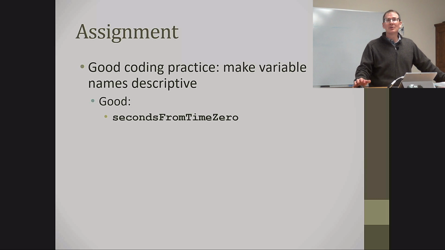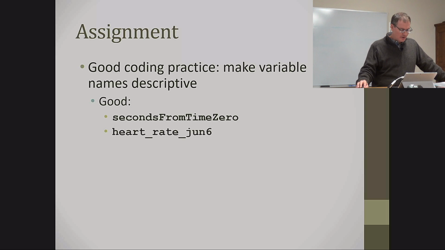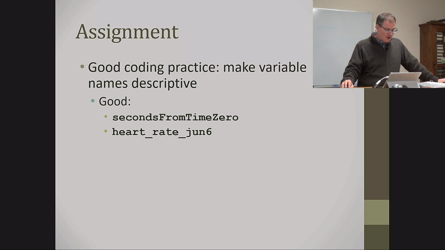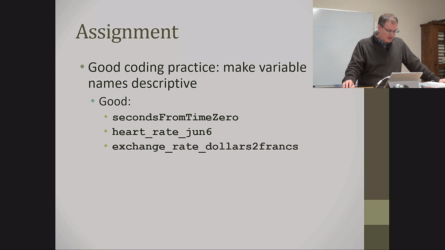Lots of variable names are just a bunch of words mashed together. It's actually bad English, good MATLAB. Whoever would have known. You're an engineer in English class and you think, will I ever really need this? And it's like, no. But you can mash together words in MATLAB. It's great. Heart rate on June 6th. Is there any doubt as to what that number is? No. Okay.